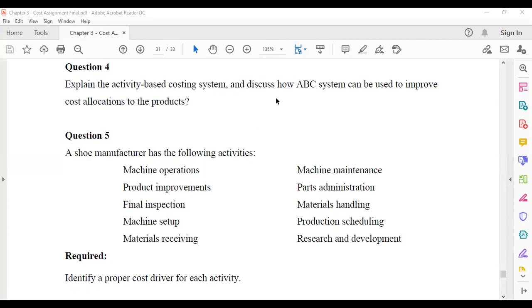Then you can say also the product varieties are quite high.